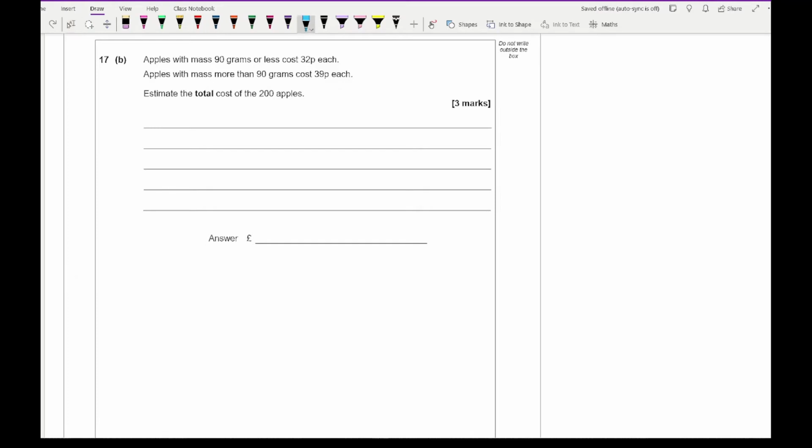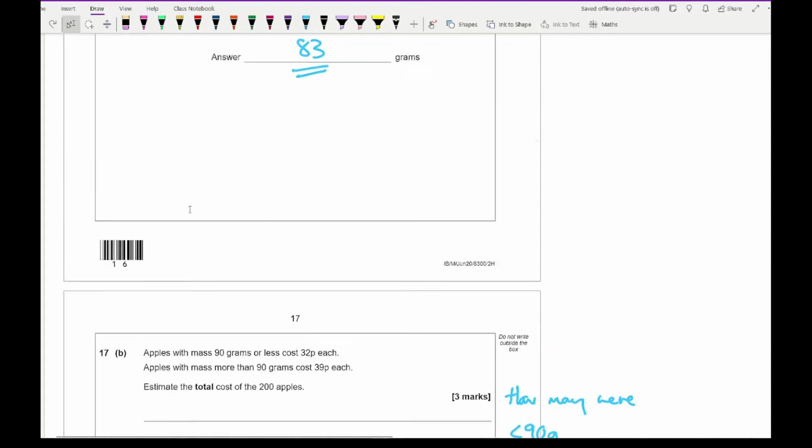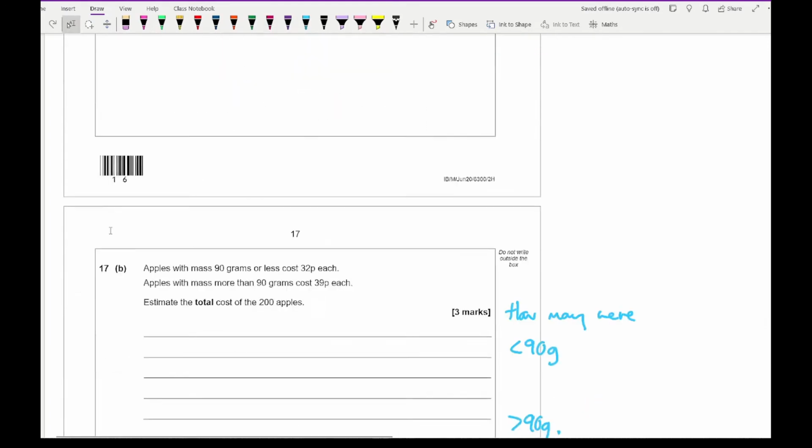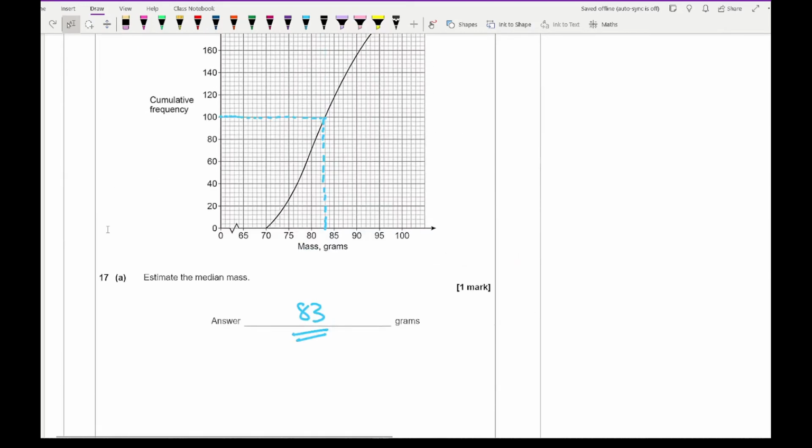So first things first, we need to count how many were less than 90 grams and how many were more than 90 grams. So if we go back to the diagram, the first measurement was less than 90, so I go up to 90.